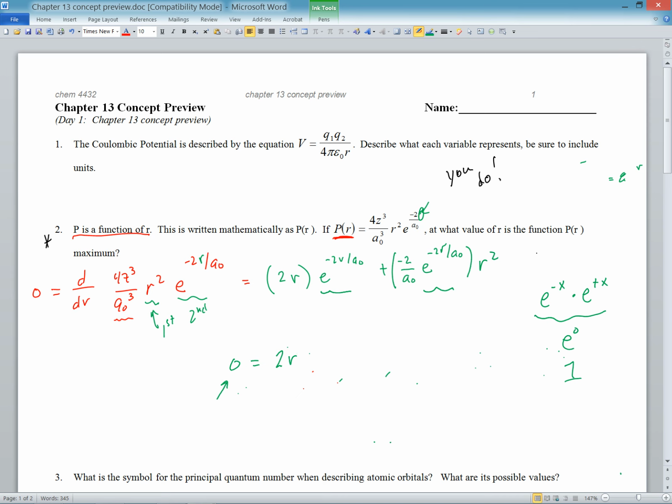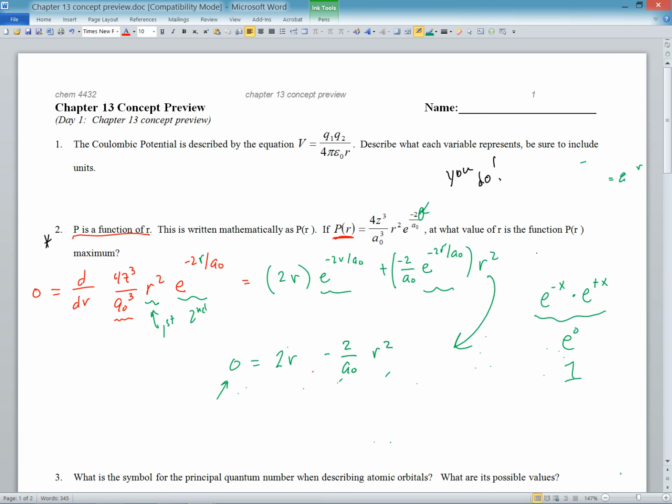2r. Okay, we can just leave it all. Yeah? Negative 2 over a naught r squared. Do you see how we went from there to there? No, Ashley? Multiply by e to the positive 2r over a naught on both sides.